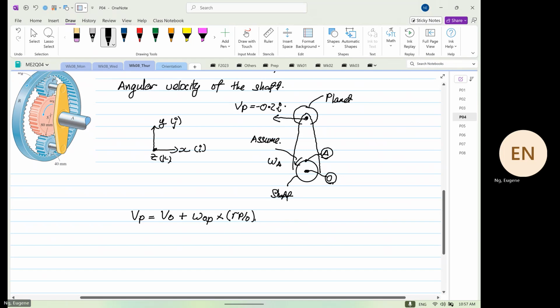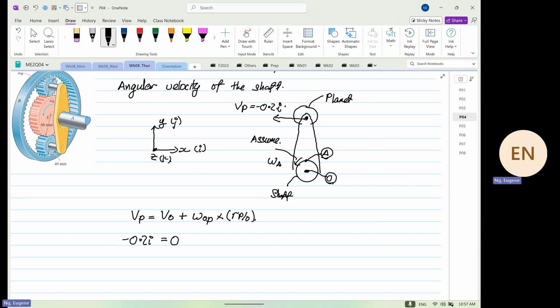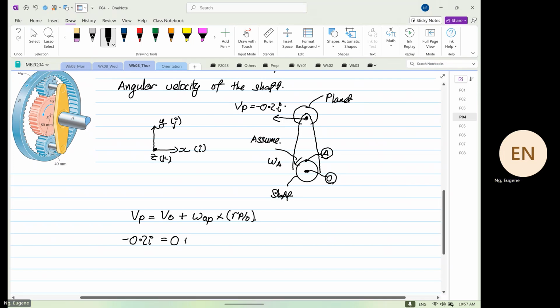Okay. So from here, this is equal to minus 0.2 I. This will be equal to 0 because it's not moving anywhere. And our assumed direction is going in an anti-clockwise direction. Plus anti-clockwise omega OP K cross.